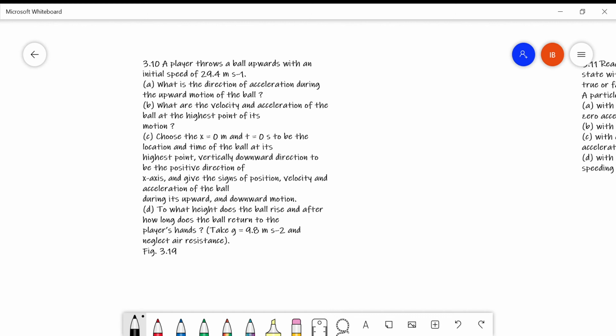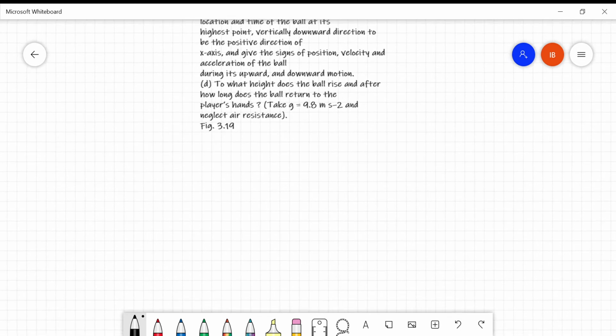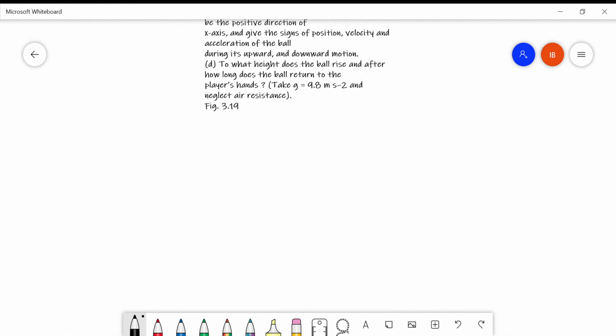So for the first question, the ball is moving under the effect of gravity. We know that. Since it is moving under the effect of gravity, therefore the acceleration is vertically downwards, right?